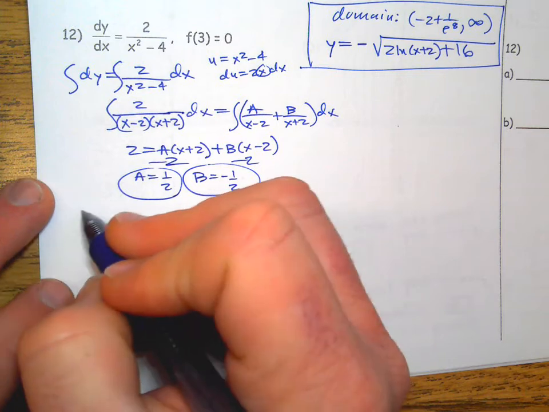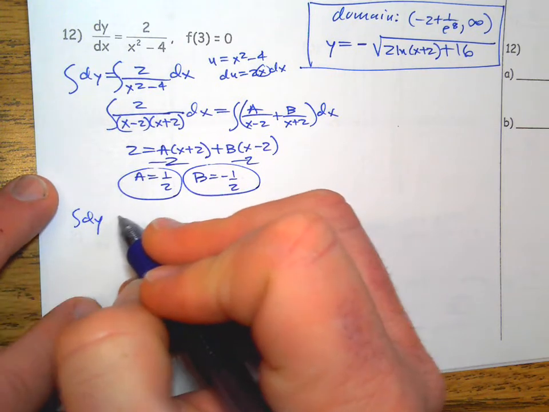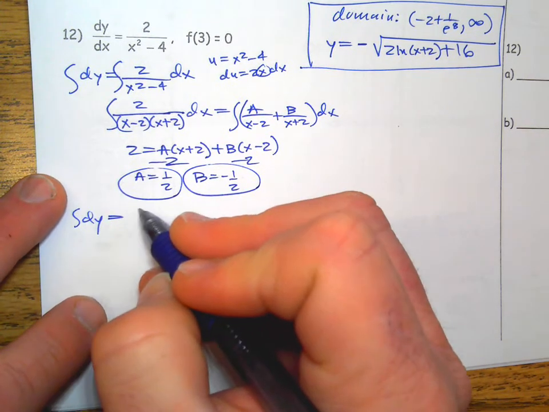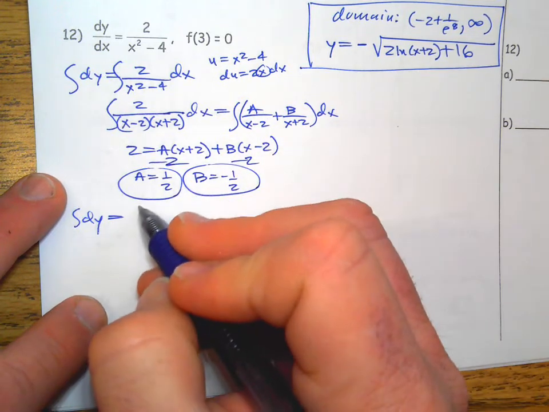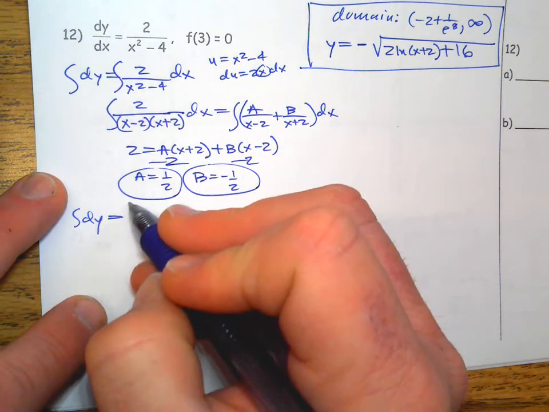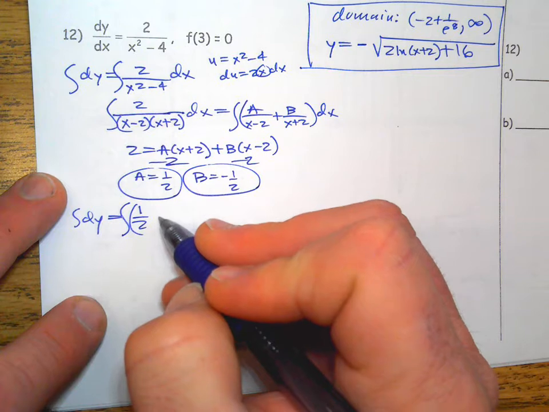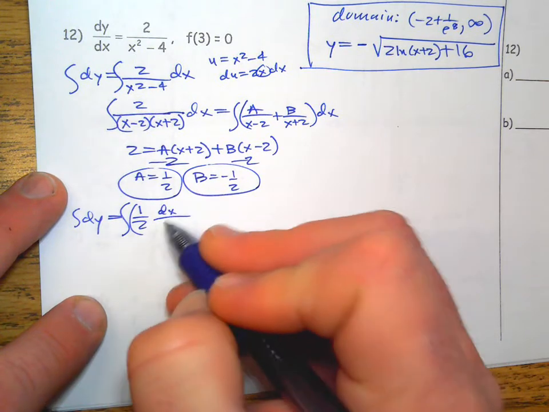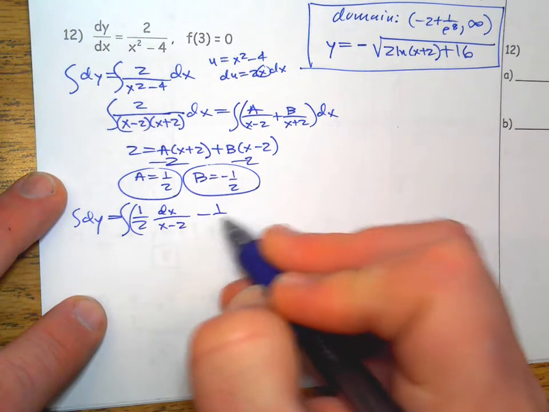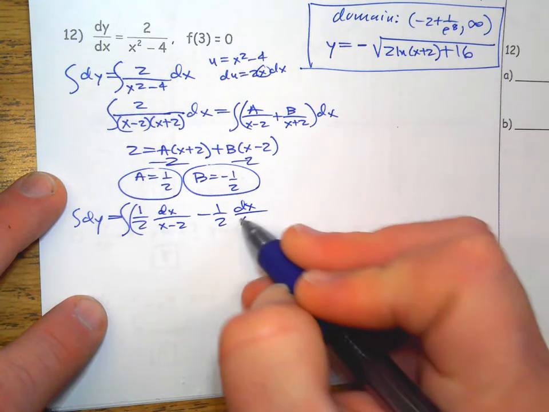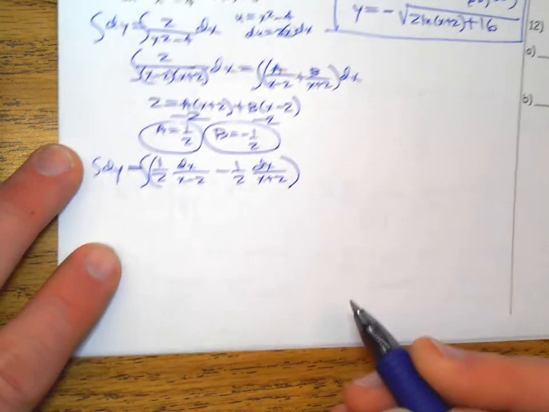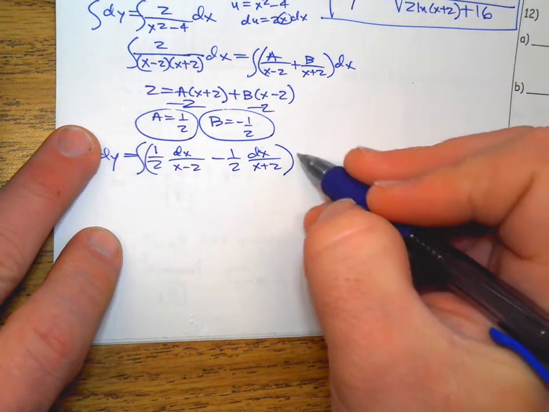I'm then going to rewrite this dy. So it's going to be the integral of 1/2 dx over x minus 2 minus 1/2 dx over x plus 2. Or whatever, we could put the dx out here.